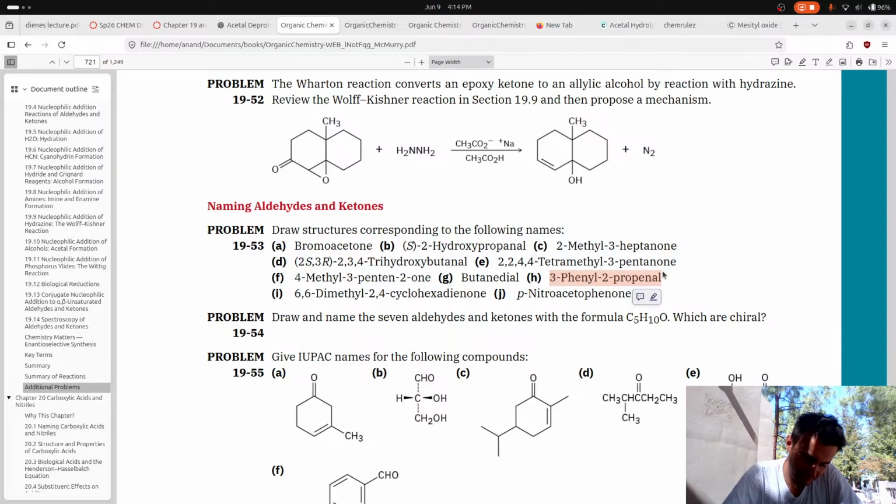Okay, so if I were to draw it differently, I would draw it like this. Phenyl group. One, two, three, phenyl. Okay, I got it. This is going to be called 3-phenyl prop-2-en-al. What's that?